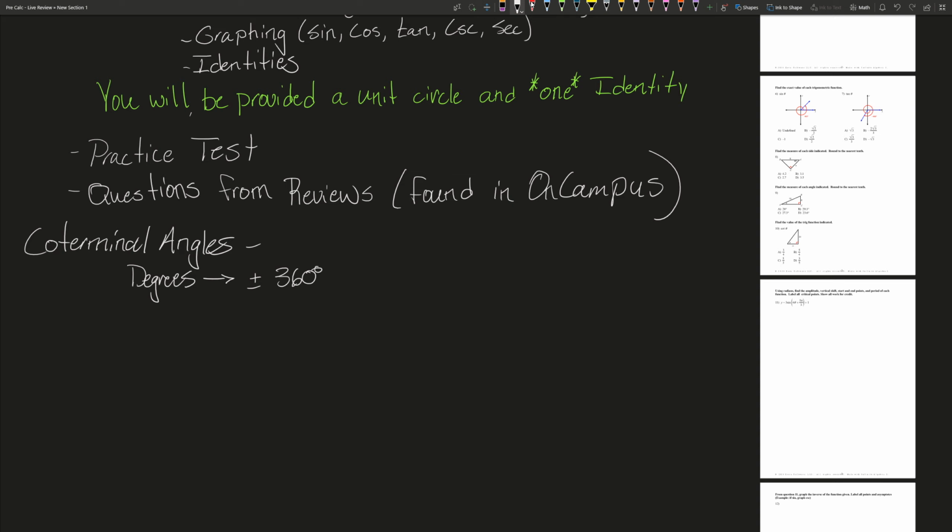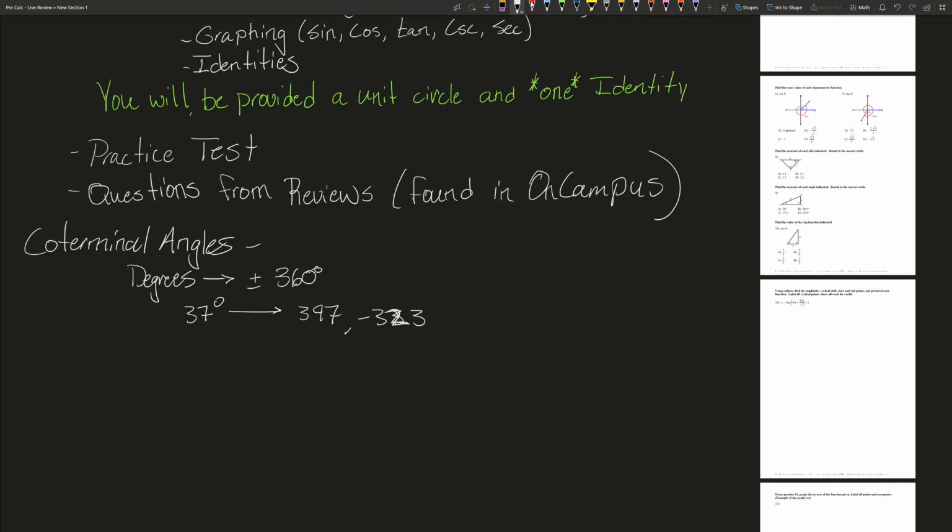For example, say we have an angle of 37 degrees, and we want a positive and negative coterminal angle. 37 plus 360 is 397, and 37 minus 360 is negative 323.